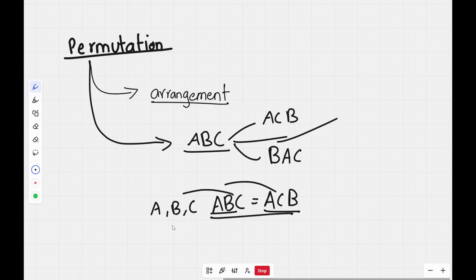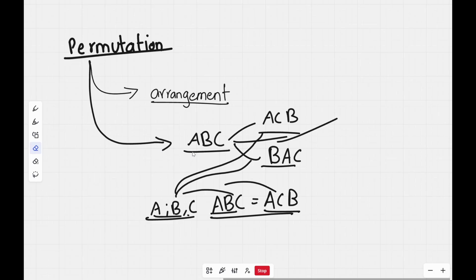Permutation is basically combination plus arrangement. So we form a combination of elements and arrange them in particular ways to get a permutation. Now these three can be arranged as BAC and ACB, and all these permutations will give us a different answer.